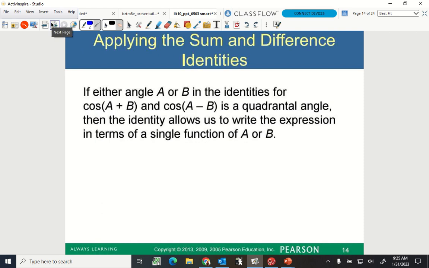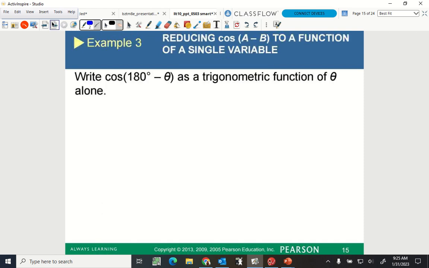All right, sum and difference identities, A and B. If you have your reference sheet out, that one should be out here somewhere. Or you could just go to the front where it has all your identities, the sum and differences.